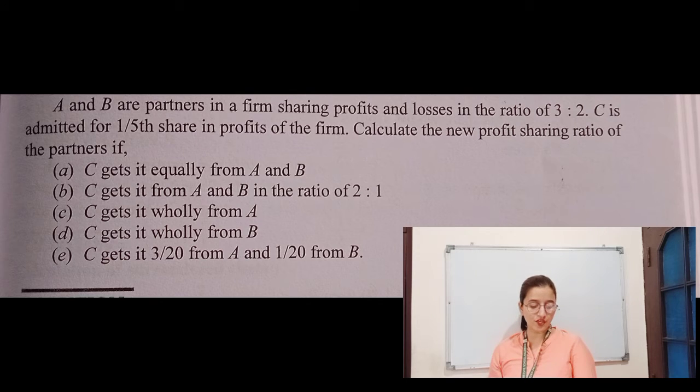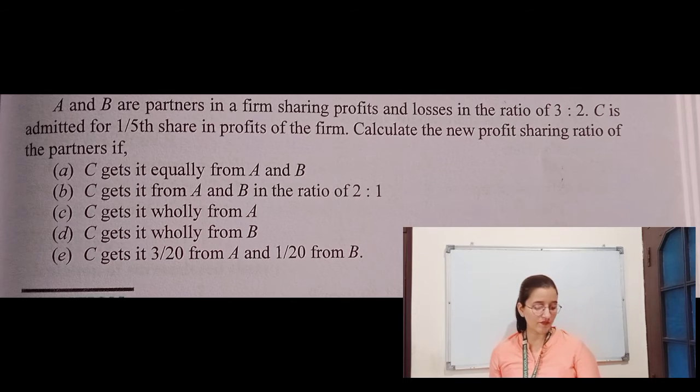Calculate the new profit sharing ratio of the partners if part A, C gets it equally from A and B, part B, C gets it from A and B in the ratio of 2:1, part C, C gets it wholly from A, part D, C gets it wholly from B, and part E, C gets it 3 by 20 from A and 1 by 20 from B.